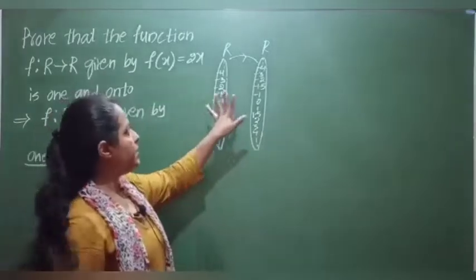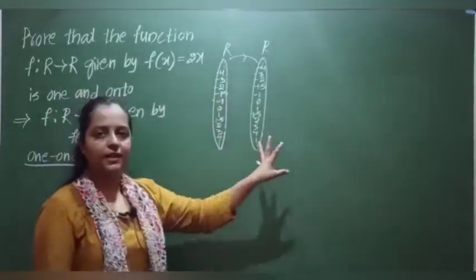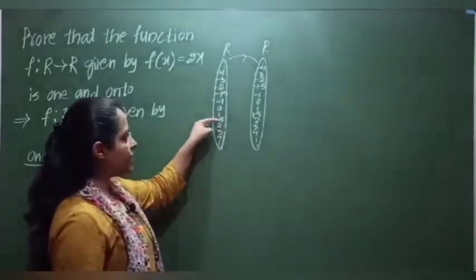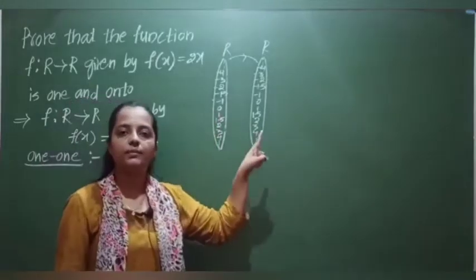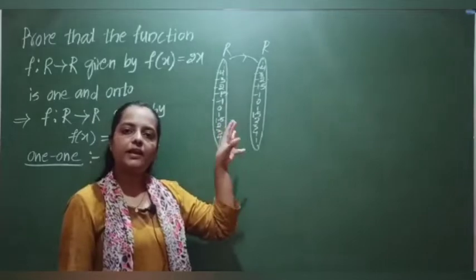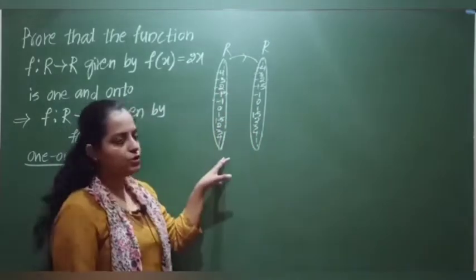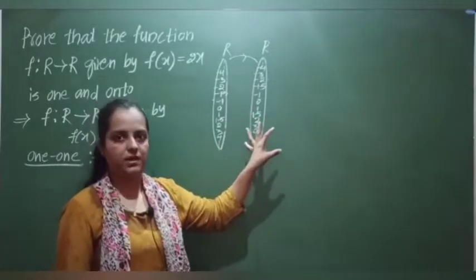You can take any elements from the set of real numbers. Actually there are infinite numbers of elements between 1 and 1.5, but I can't represent all of those on the arrow diagram. So this is just for verification purposes.